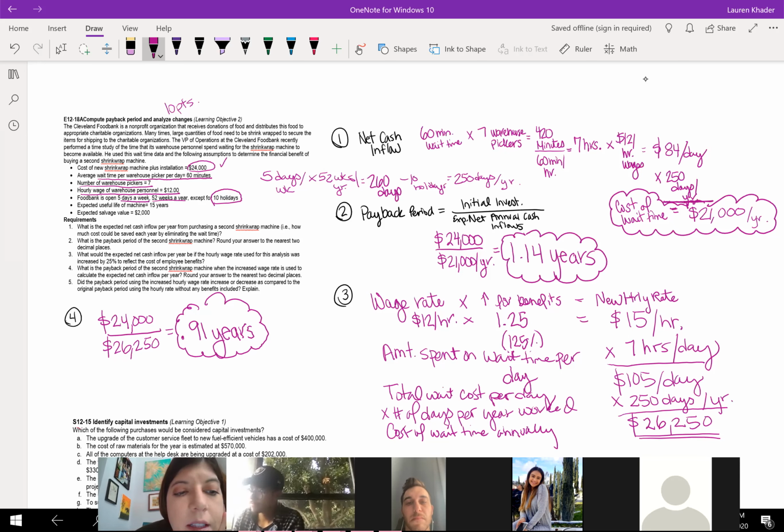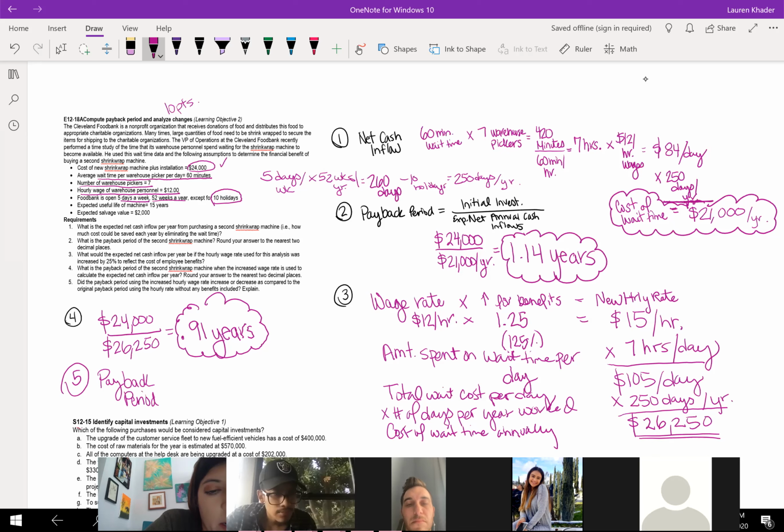For number 5, it says, did the payback period using the increased hourly wage rate increase or decrease as compared to the original payback period using the hourly rate without any benefits included? So did it increase or decrease? The payback period decreased from 1.14 years to 0.91 years when you included the benefits, because those are additional cost savings that you had.